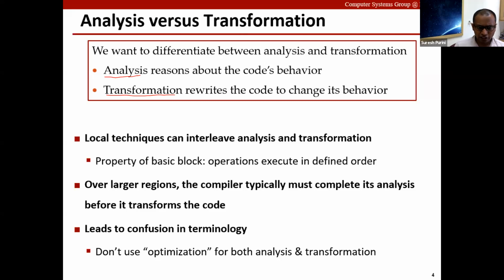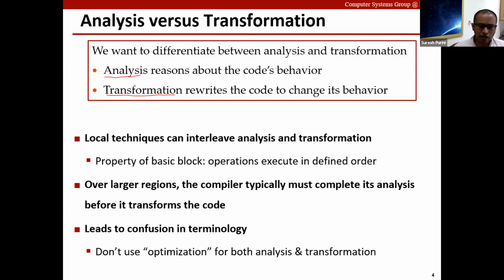But when we consider optimizations which work at a larger scope, like at a procedure level or at a function level, then the analysis pass will first go through and derive all the necessary information, followed by a transformation pass. So to summarize, in local optimization techniques, it is quite possible that the analysis and transformation passes could be interleaved.